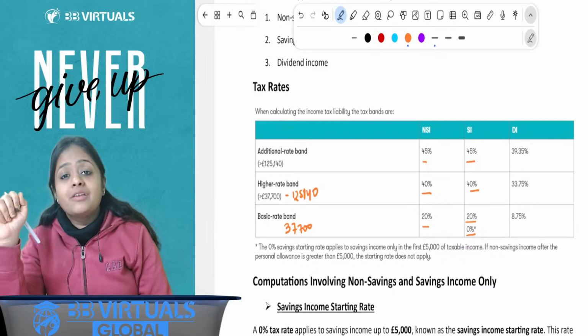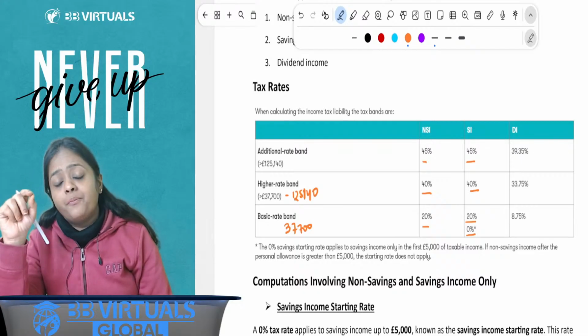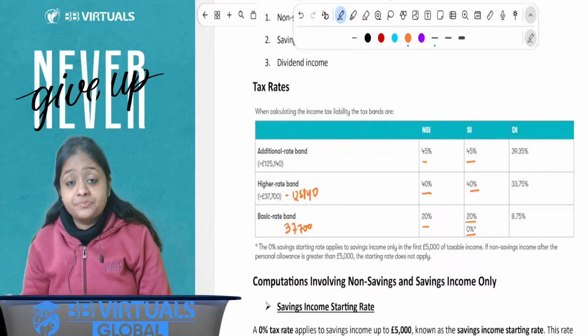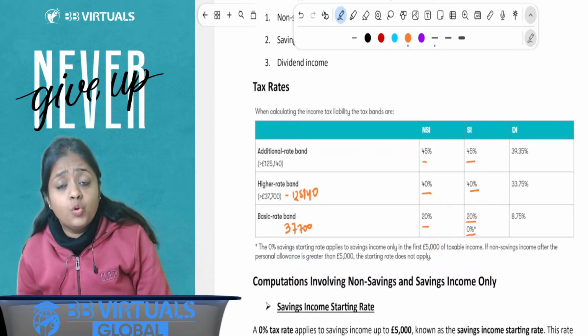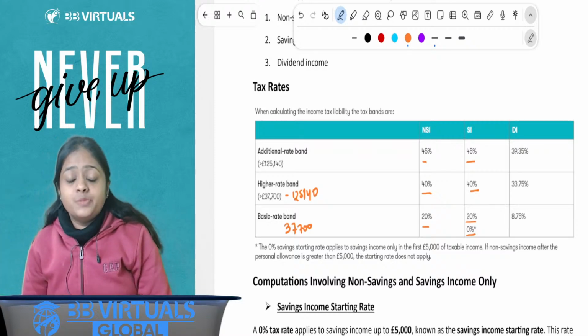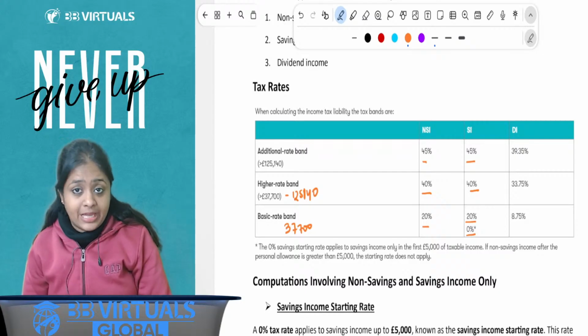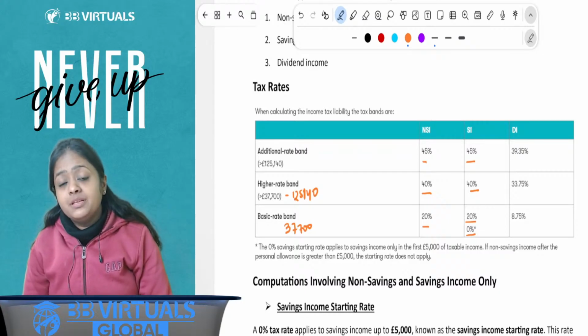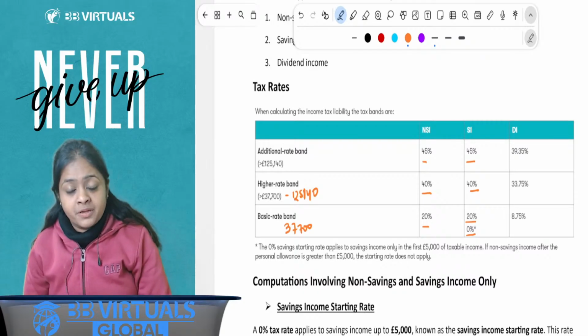Then another nil rate band for savings income depends upon the category of the taxpayer. We take the total taxable income of the taxpayer. If the total is within the basic rate category, we say the taxpayer is a basic rate taxpayer.